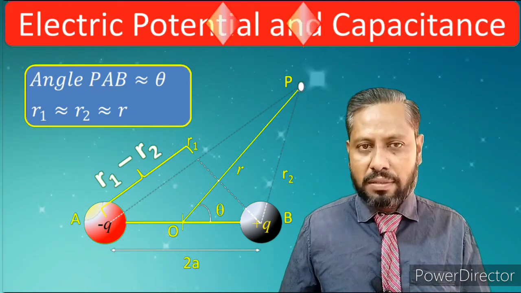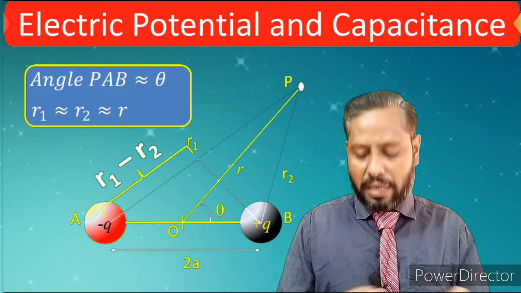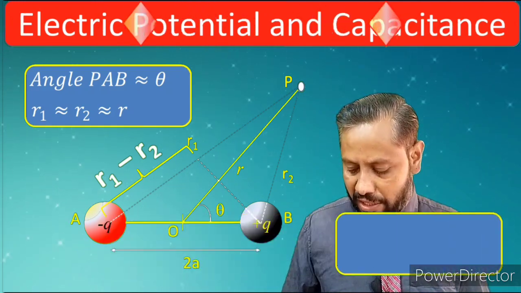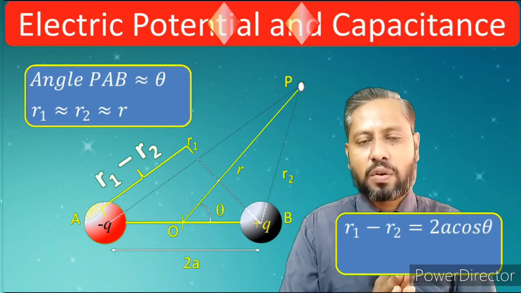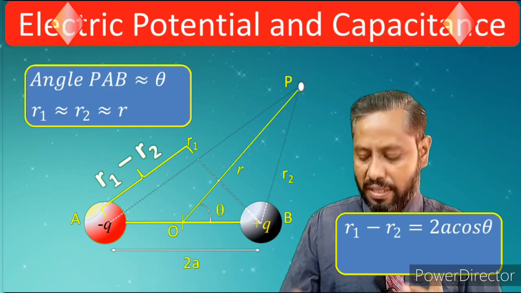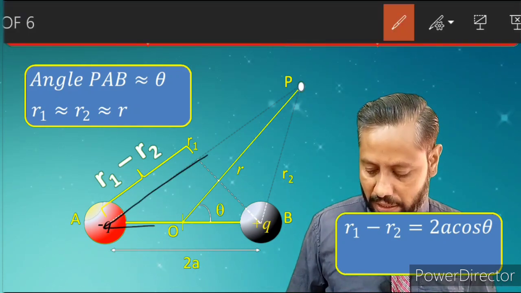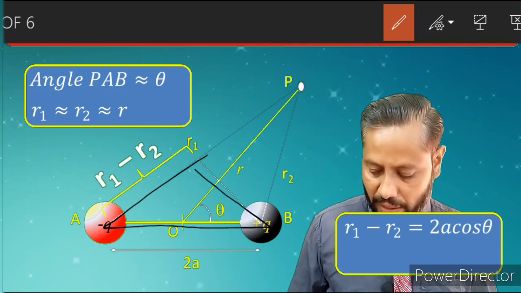Now let us find the values of r1 minus r2 and r1 into r2. We can write r1 minus r2 is equal to 2a cos theta. How is it coming? See in the diagram, this is a triangle, and this angle we have taken as theta.